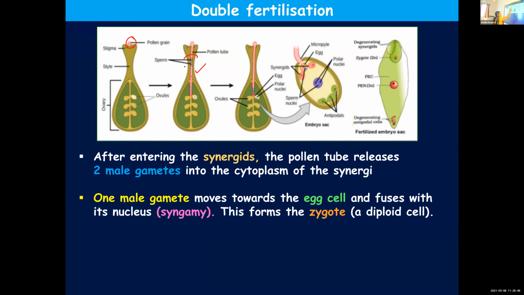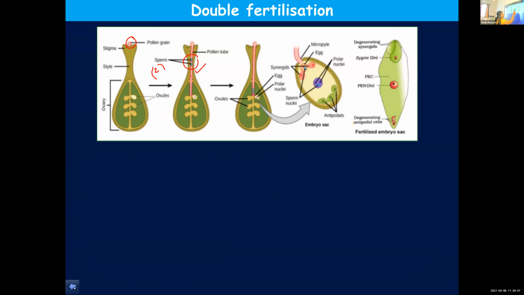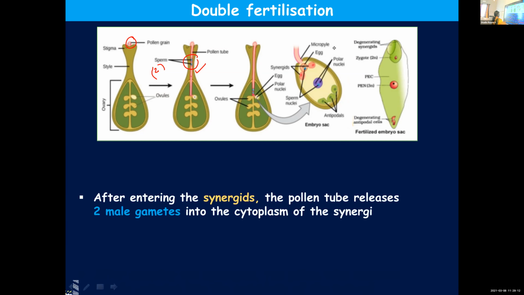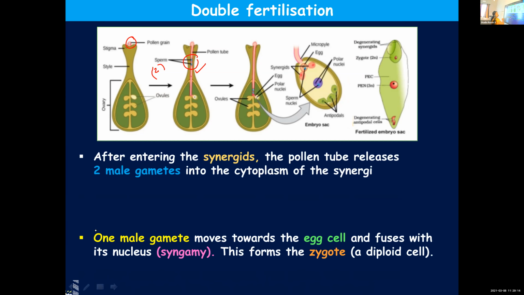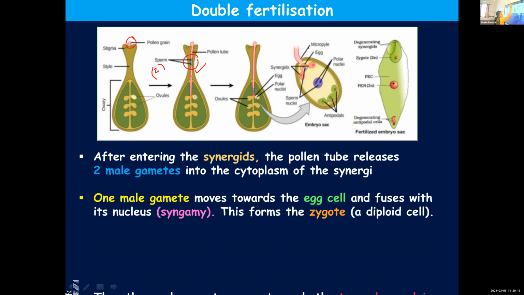When the pollen tube forms, the contents of the pollen grain are transferred to the pollen tube. Here you can see two sperms, two male gametes. These male gametes move through the pollen tube and enter the ovule through the micropylar end, guided by the synergids.